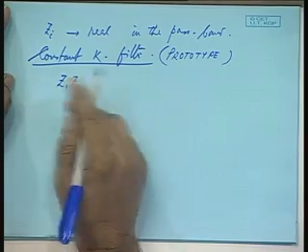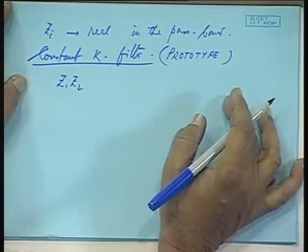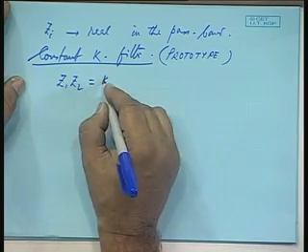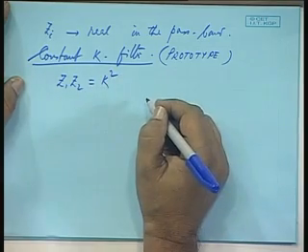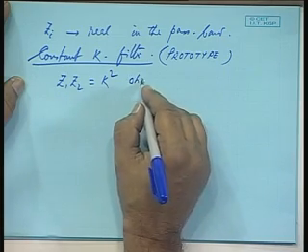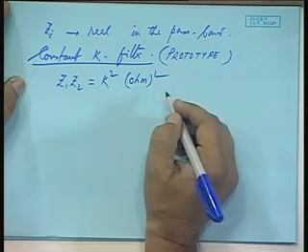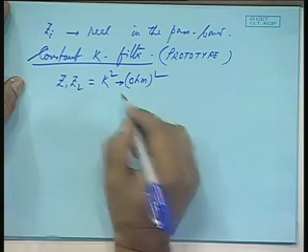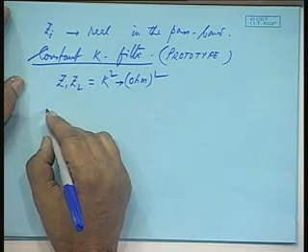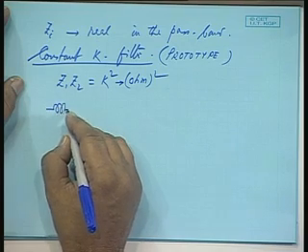Suppose Z1 and Z2 are the two arms, series and shunt arms, then the product of these two will be equal to some constant K squared. It has the dimension of ohms squared. Okay. Now, let us take a very simple example.